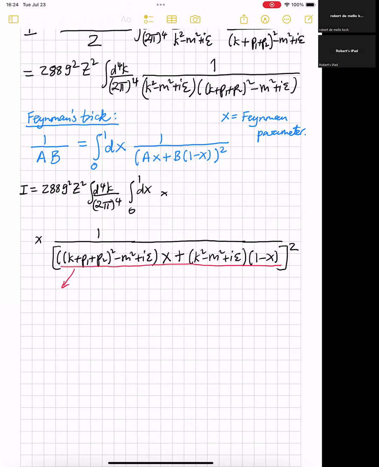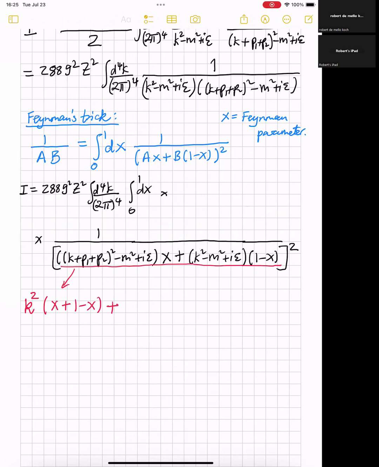So let's first read off those terms that are quadratic in k. From the first term appearing here, we'll get a k squared, and that'll come multiplied by x. From the second term, we'll also get a k squared, and that'll come multiplied by 1 minus x, plus.